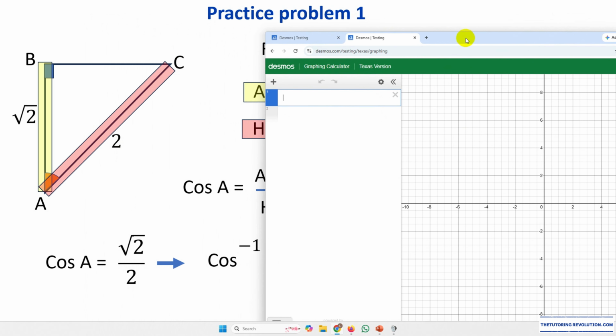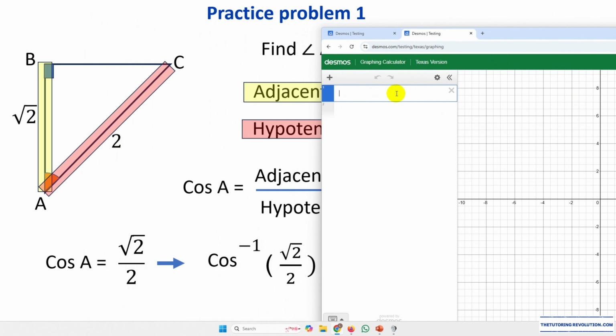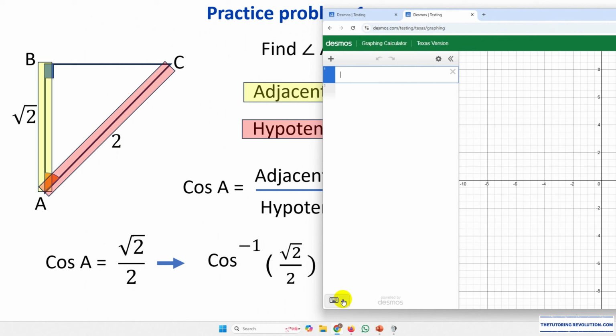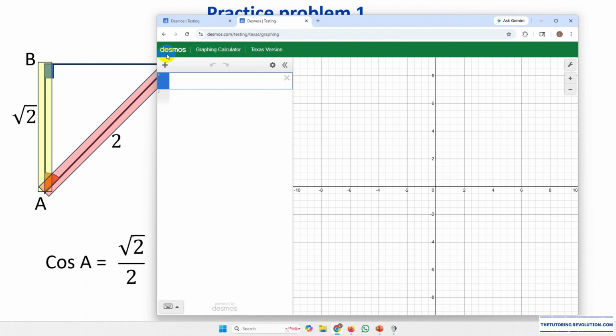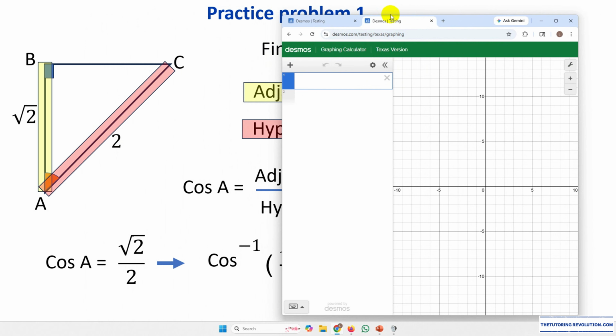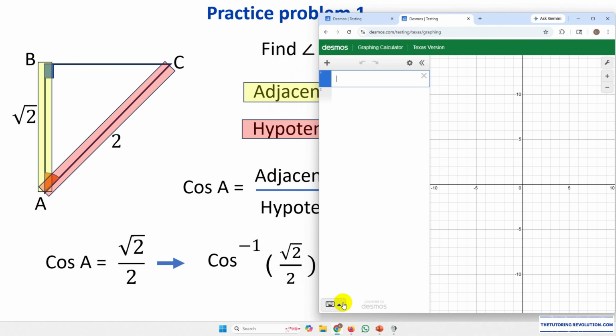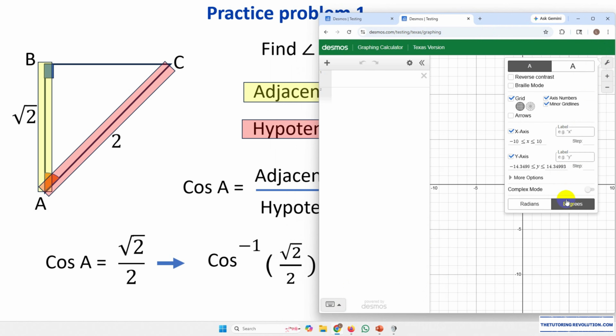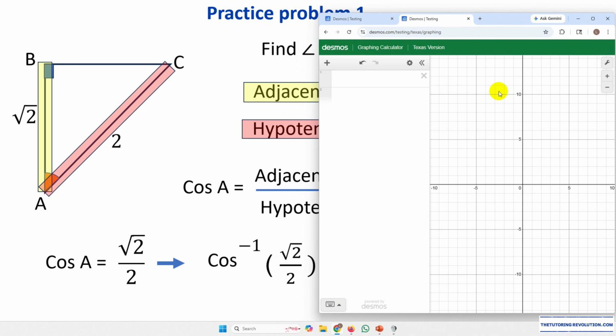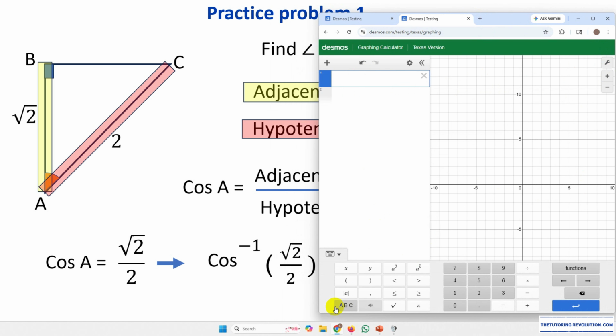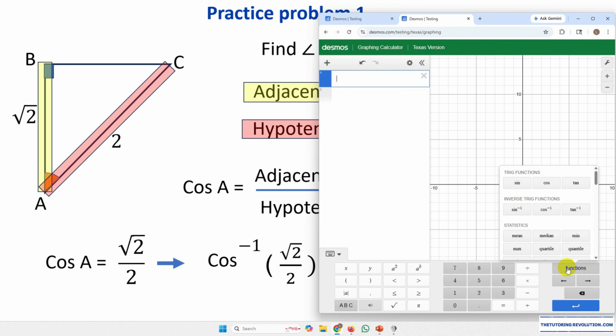So this is the Desmos calculator. First of all, I'm going to click here in the settings and make sure that the angle is in degrees, not in radians. That's very important. After that, I'm going to click functions and choose the cosine inverse, which is here.